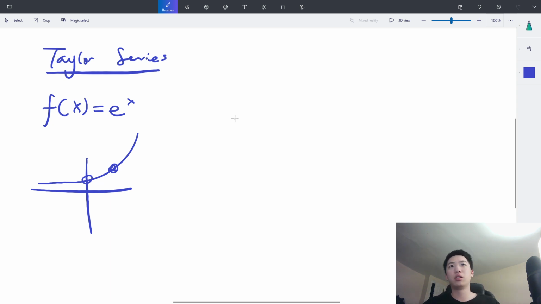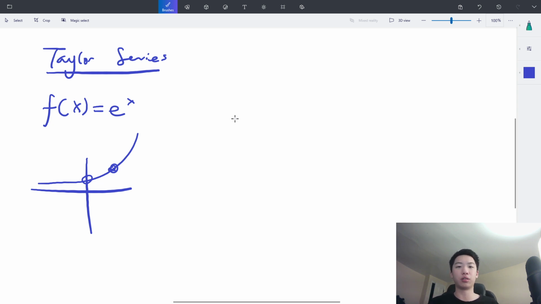So the first derivative is e to the x, and then so on, down to however much precision you need. In most cases, I don't actually know how many terms people use, but obviously the fewer you use, the faster you can calculate because the polynomial is shorter.